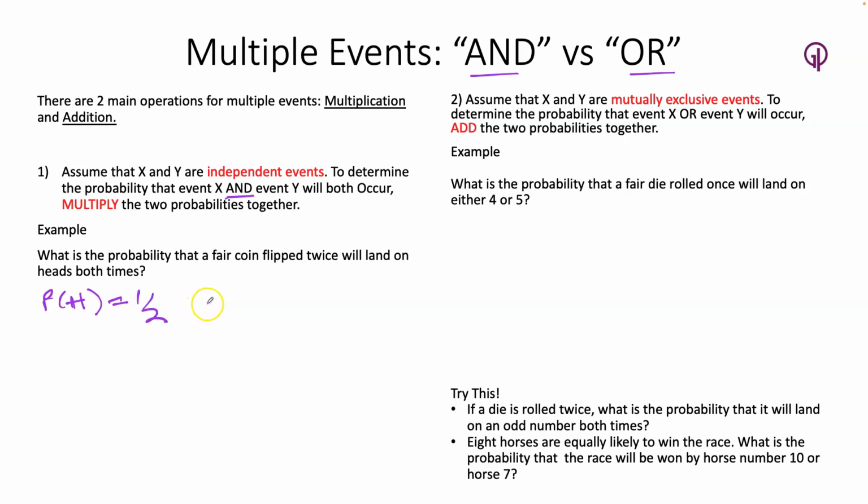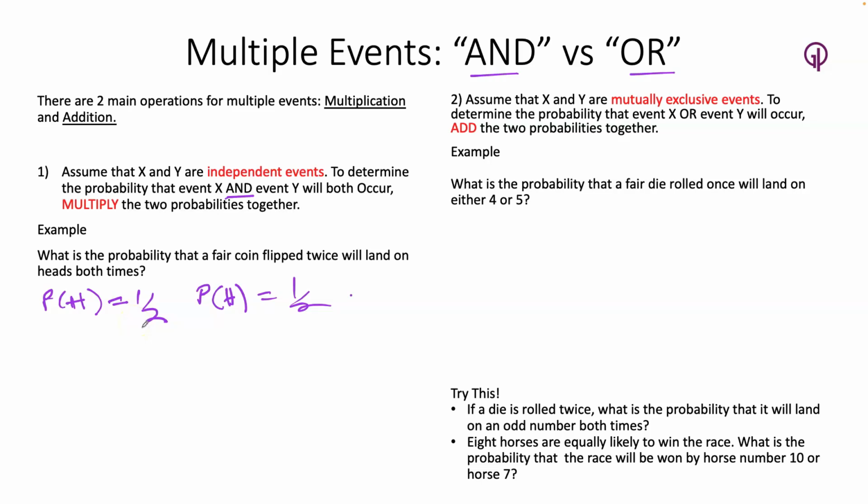And the probability that the coin will land on heads on the second flip is also what? Half. Now, these events are what? Independent of each other.